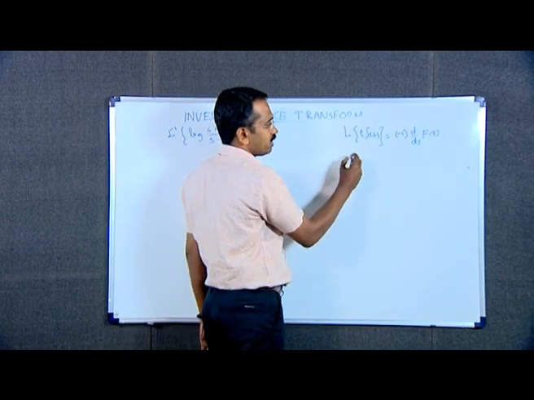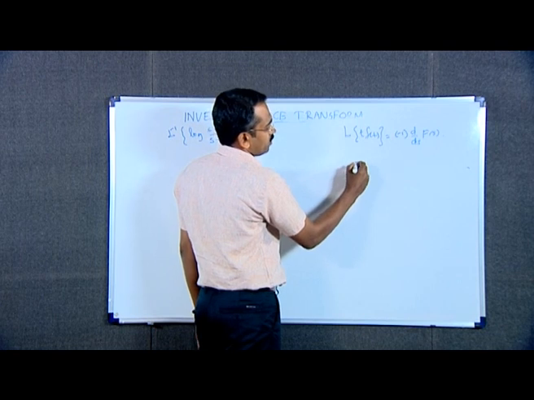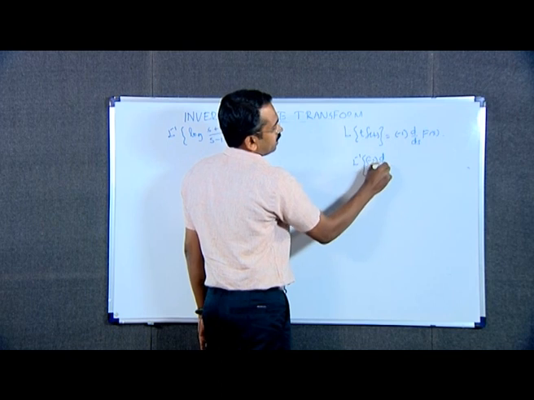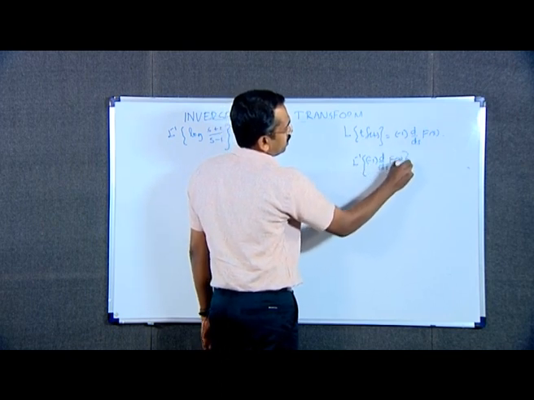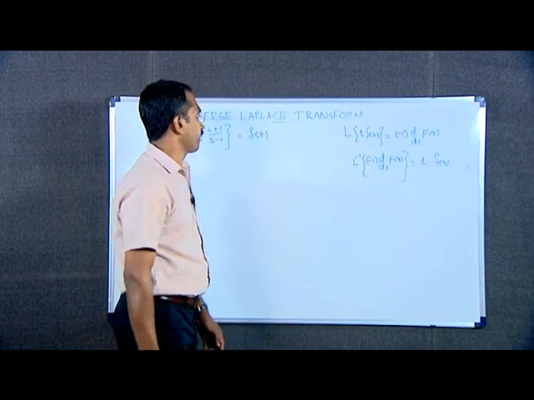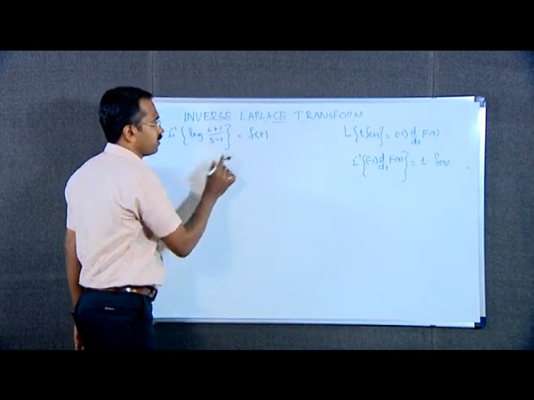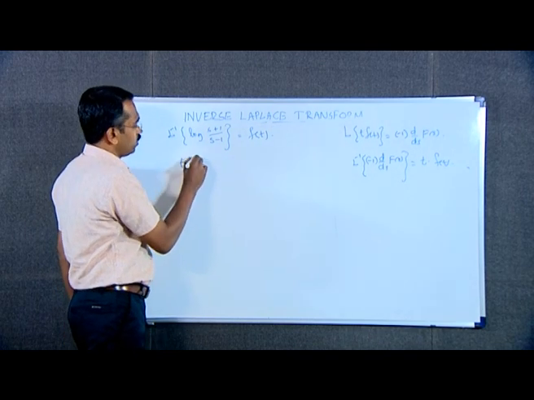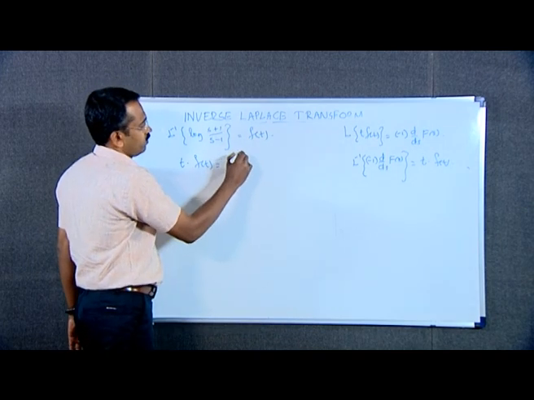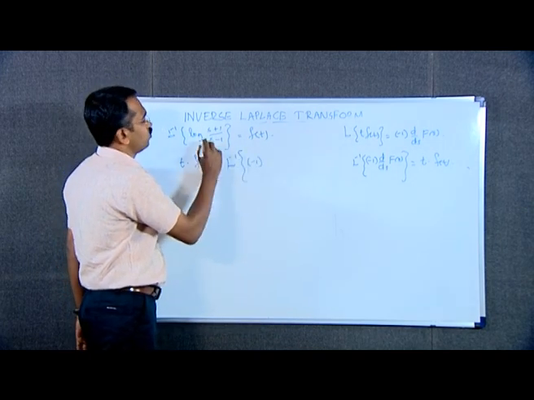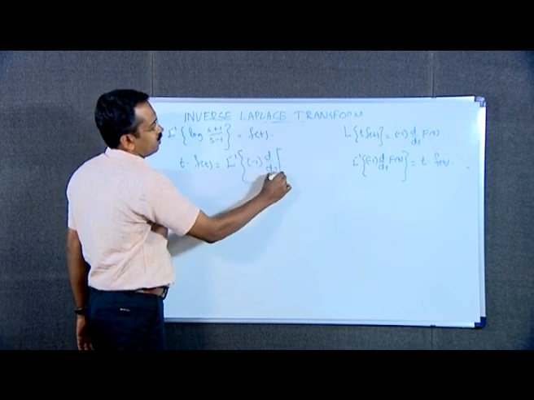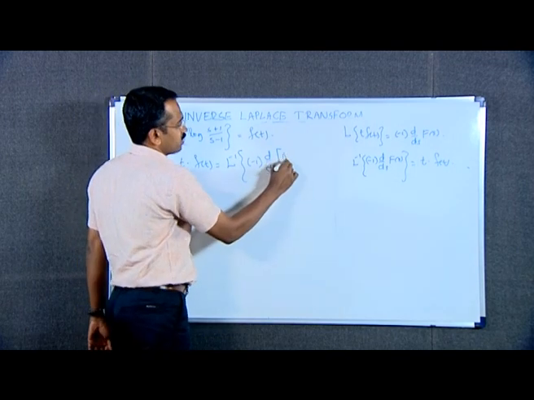Taking the inverse transforms, we can write L inverse of minus 1 into d by ds of f of s as t into f of t. Therefore, from here we can write t into f of t as L inverse of minus 1 into d by ds of log of s plus 1 by s minus 1.